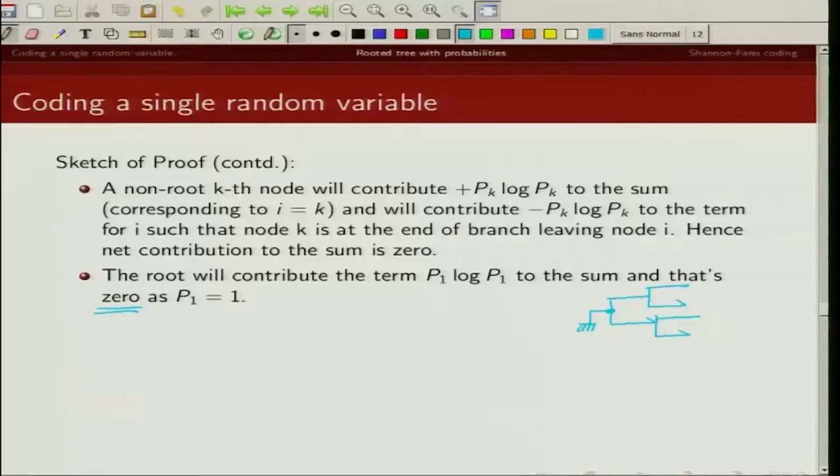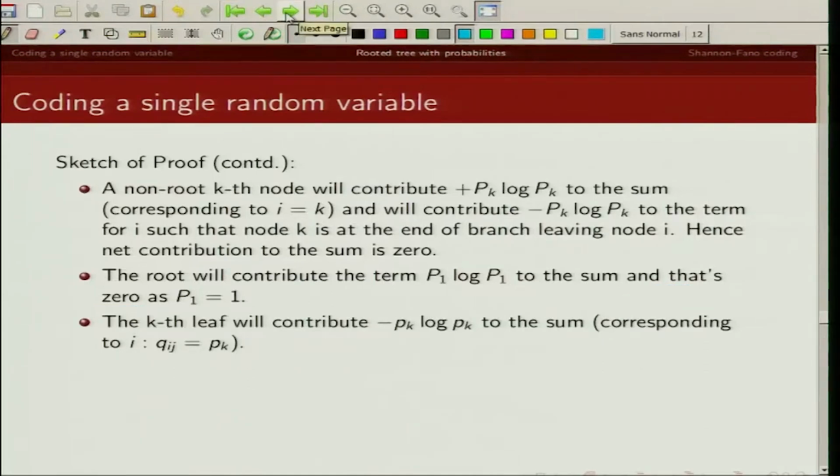So what we have shown is, in this summation Pi Hi, summation over all nodes including the root node, the contribution of the root node is nil, and the net contribution of a non-root node is also 0. So then what is the only contribution left? The only contribution left is the contribution of the leaves.